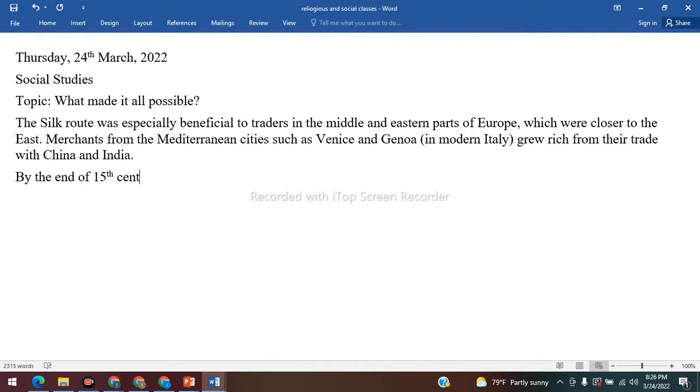All right. So by the end of the 15th century, a new and exciting understanding of the world was being achieved by men in Europe.